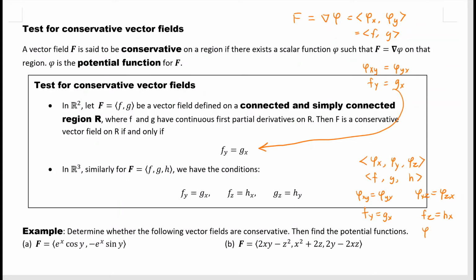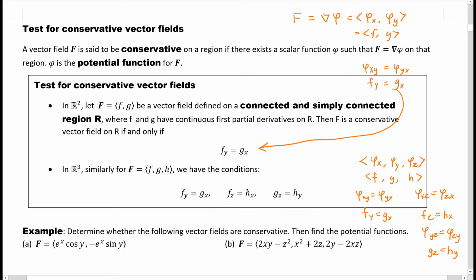And we also have phi_yz equals phi_zy, which is the same as saying G_z equals H_y. So in R2 we have one condition, and in R3 we have three conditions. So far, so good, everybody?